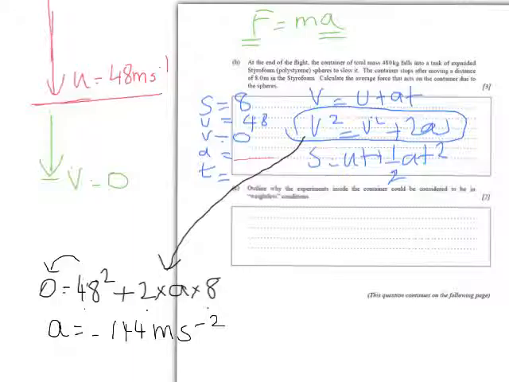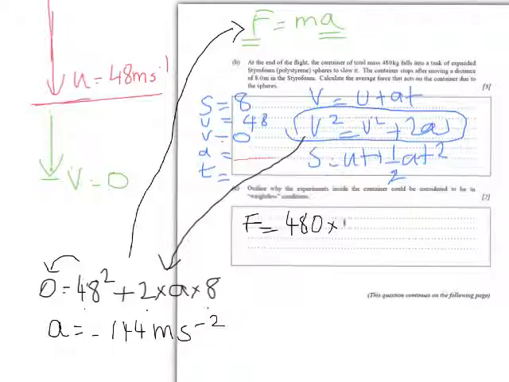And then the force that acts on the container, well, if we go back to this equation, we have force equals mass, which is 480 kilograms, times acceleration of 144, which gives us 6.9 times 10 to the 4 newtons.